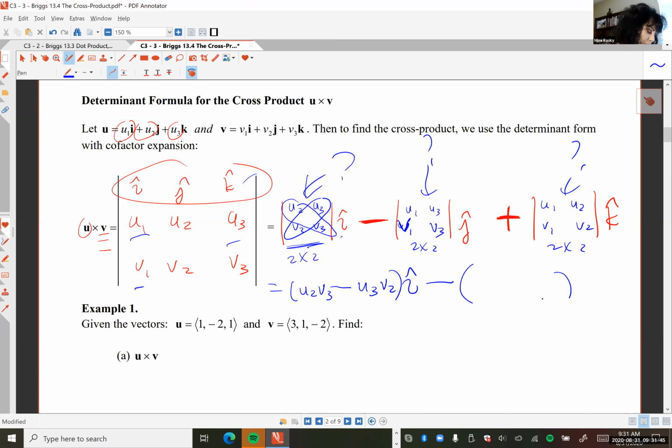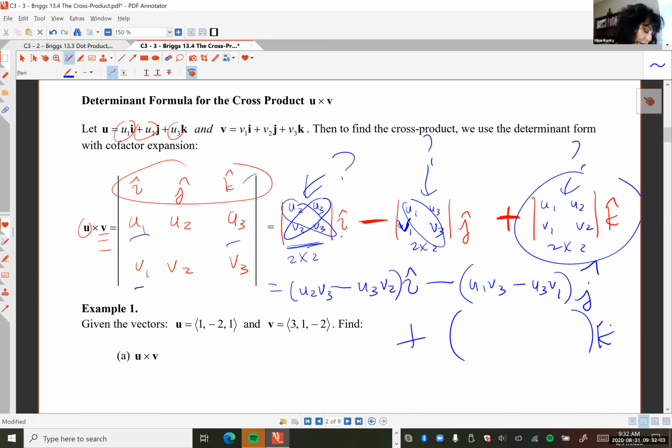Minus, and then you do the 2 by 2 times j hat, major diagonal minus the product along the minor diagonal, plus the 2 by 2 determinant multiplied with k hat. You go u1, v2, that's the product along the major diagonal, minus v1, u2.